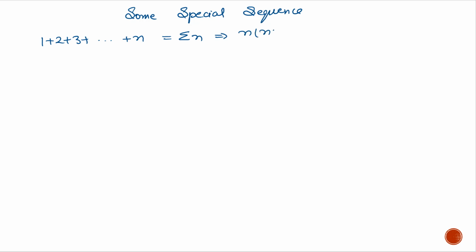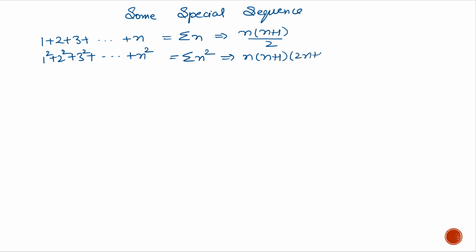Next, sum of squares of n natural numbers, denoted by summation of n square, the formula is n into n plus 1, 2n plus 1 upon 6. And sum of cubes of n natural numbers, denoted by summation of n cube, the formula is n into n plus 1 upon 2 whole square.